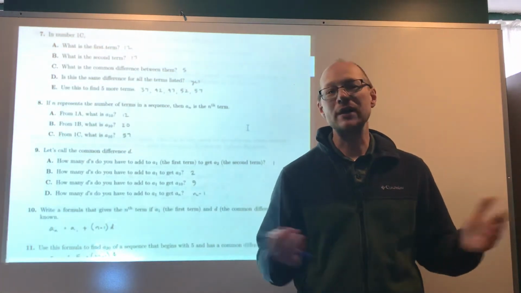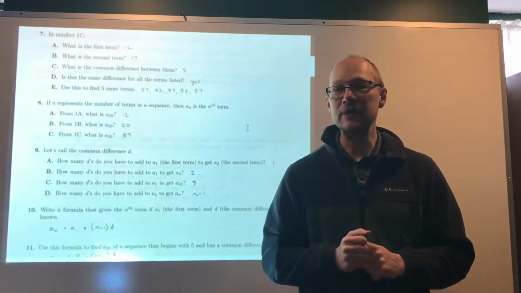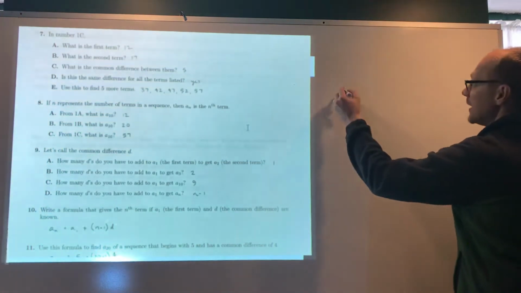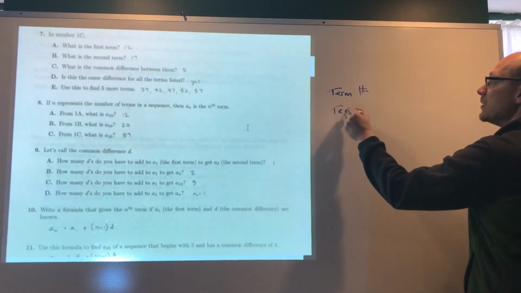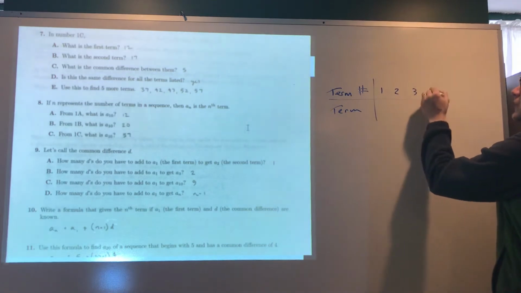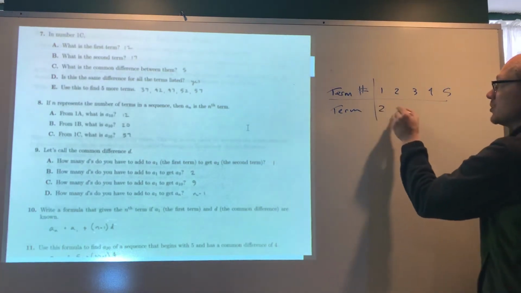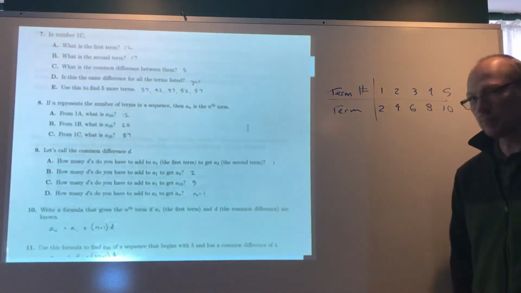So if I want to count even numbers, the first 5 even numbers are 2, 4, 6, 8, and 10. We can recognize that as the term number and the term. The term number might be the first 5 terms. Those terms would be 2, 4, 6, 8, 10. So please recognize the difference.